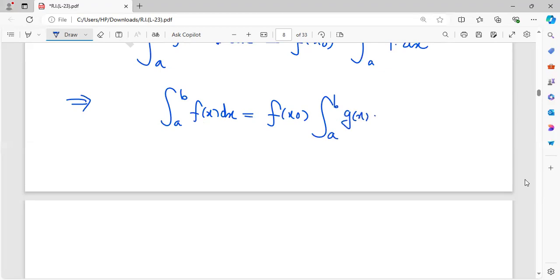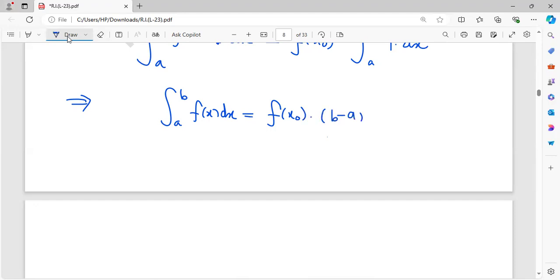And what will this integral be? The integral from a to b of 1 dx will be b minus a.